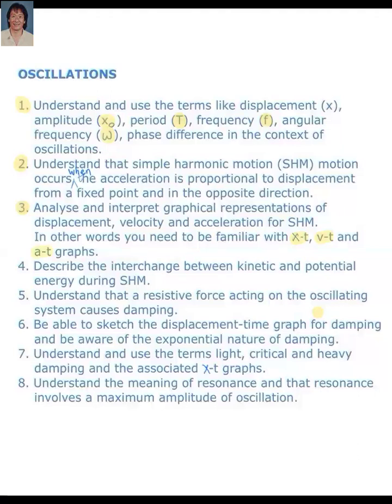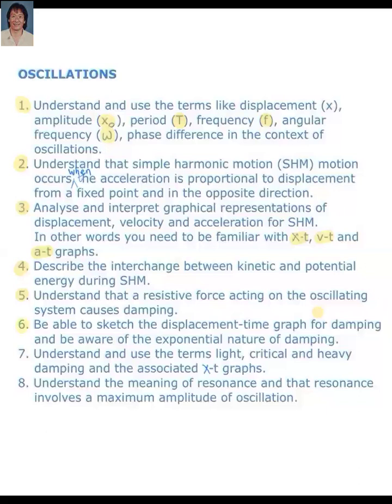Number four, you need to be able to describe the interchange between kinetic and potential energy during simple harmonic motion. Number five, understand that the resistive force acting on the oscillating system causes damping. Number six, be able to sketch the displacement time graph for damping and be aware of the exponential nature of damping.